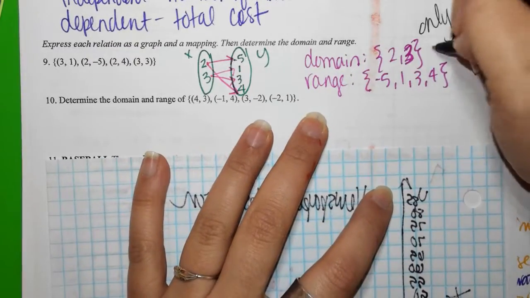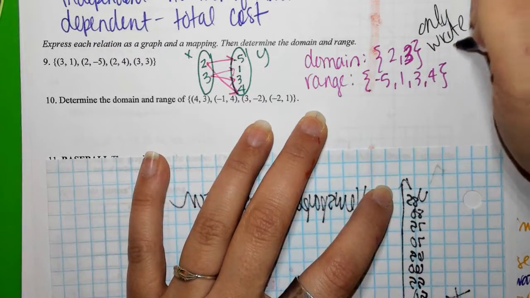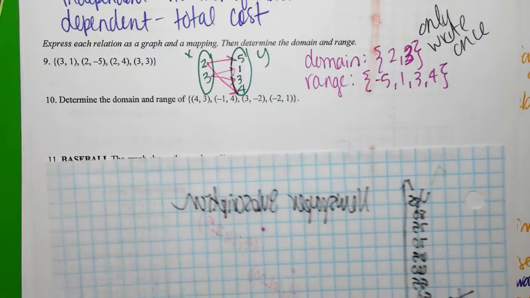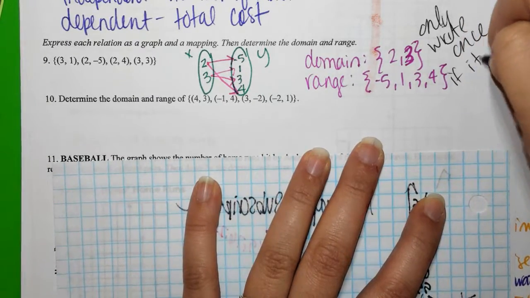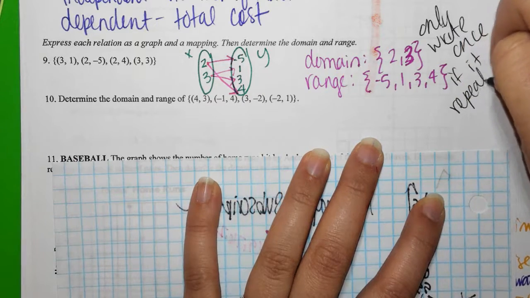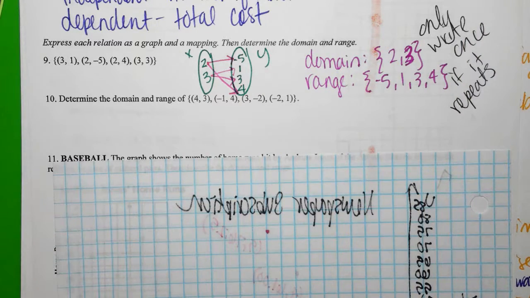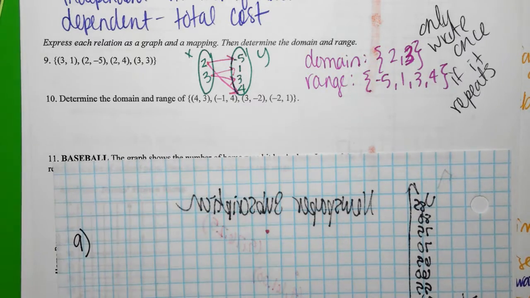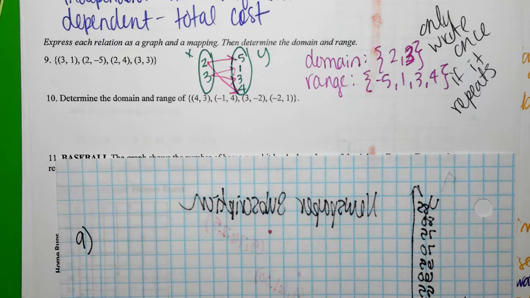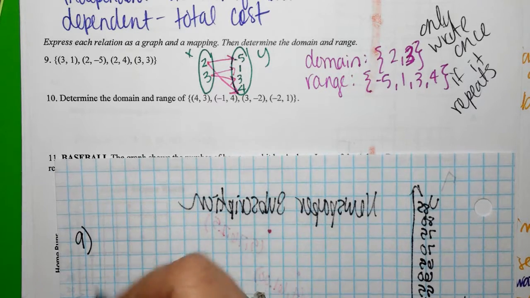Only write once, if it repeats. Yes. Numerical order, guys. Least to greatest. And it says that in your notes on page 25.